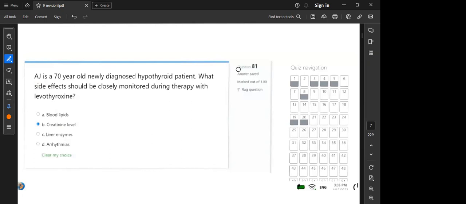AJ is a 70-year-old newly diagnosed hypothyroid patient. What side effects should be closely monitored during therapy with levothyroxine?